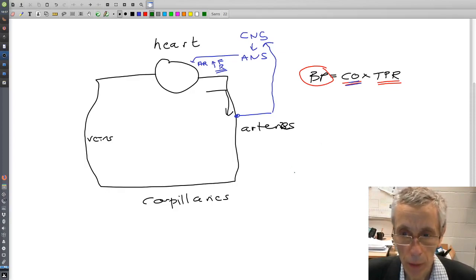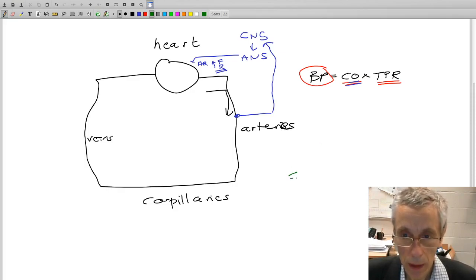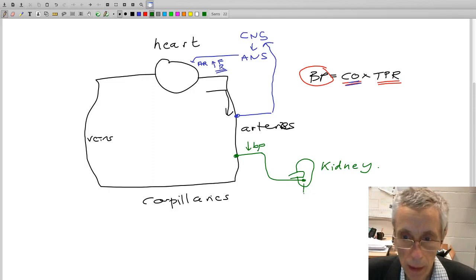But there's another player we need to take into account, and that is the kidney. When the arterial blood pressure falls, this is picked up by the kidney, and the kidney releases renin.